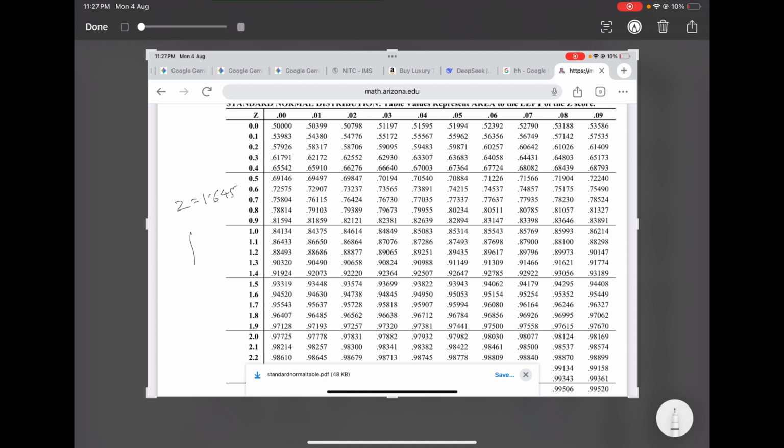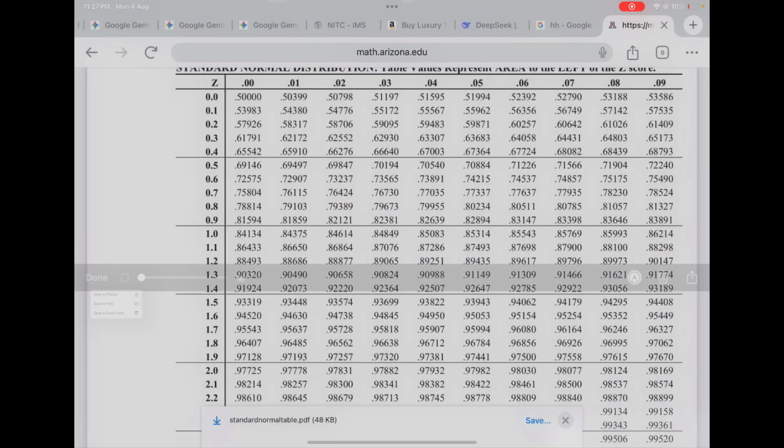That means we were drawing here and we located 1.645, and on this side this area we have found to be 0.05. Let us find that also. Keep this in mind, 1.645.